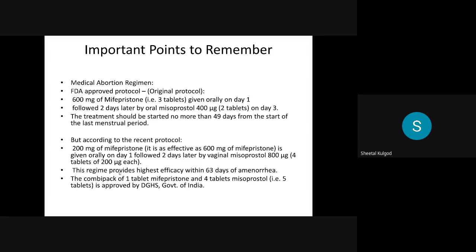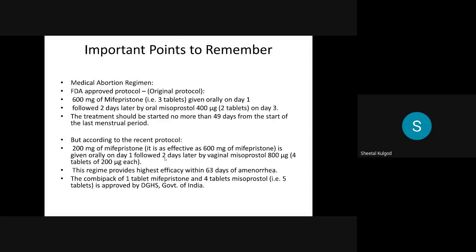But nowadays, the one which is followed and has been approved again by the FDA is where the dose of mifepristone is reduced. What they found in different studies is that 200 milligram of mifepristone was as effective as 600 milligram. So that's why we just use 200 milligram of mifepristone now, given orally on day 1.